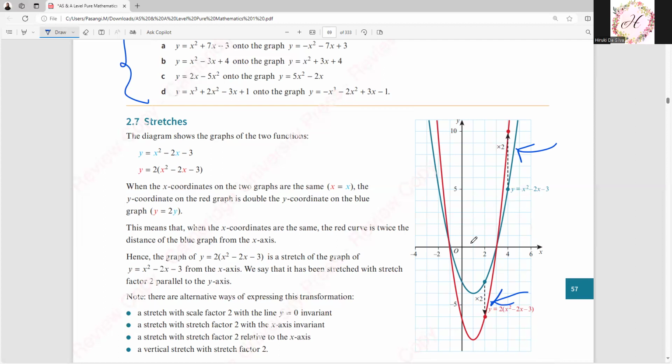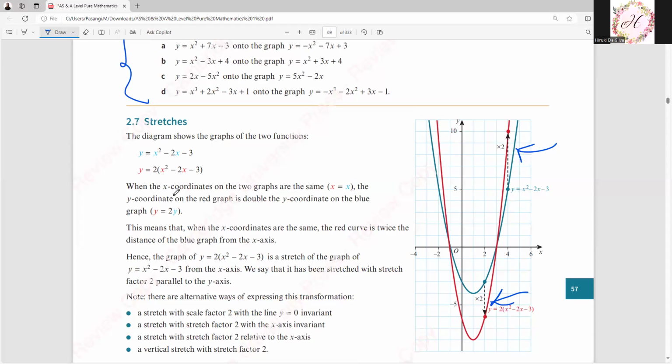That means for the same x values, the y values have been doubled. The x value hasn't changed, but the y value has been doubled up, which means it has been stretched.